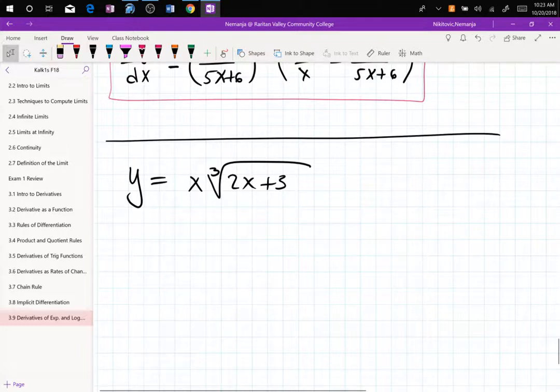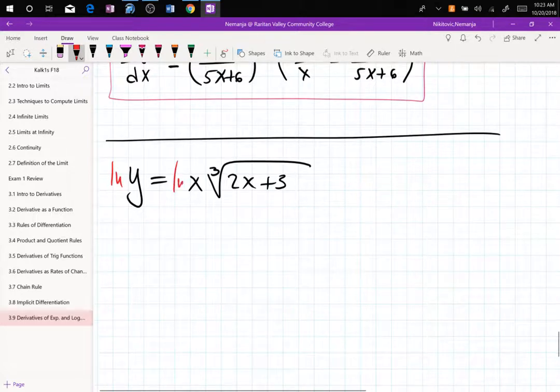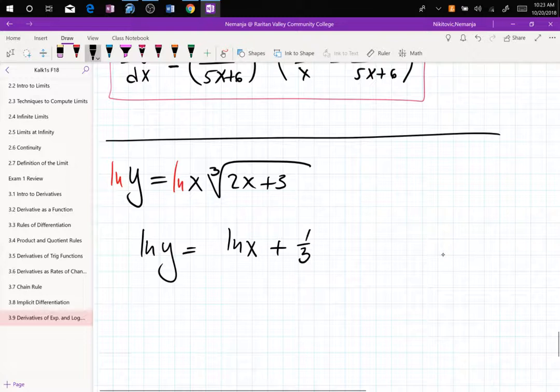I have a product rule and a chain rule in the problem, and I'm going to eliminate both of those by using log differentiation, so ln and ln, and then immediately now ln y is equal to, I just have ln x, there are no exponents or anything, it's just ln x, plus 1/3 of ln of 2x plus 3.